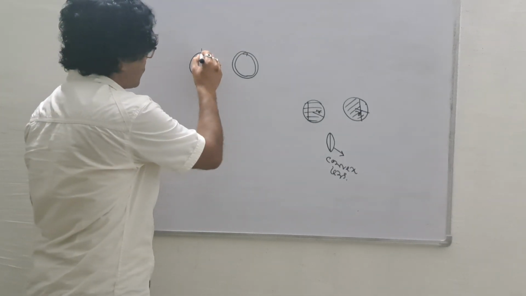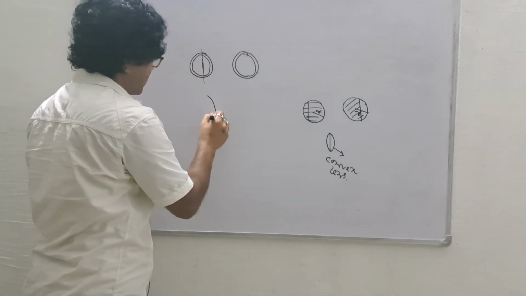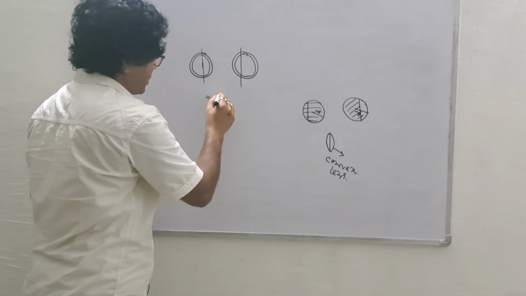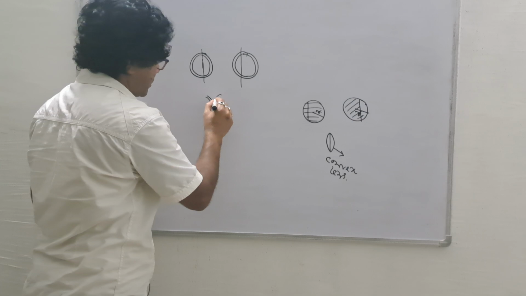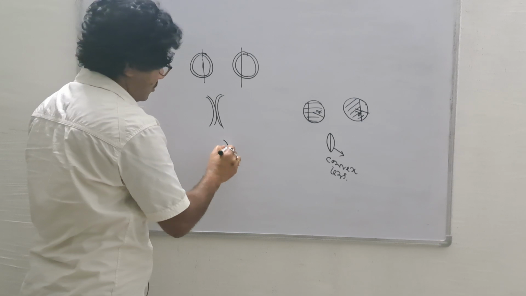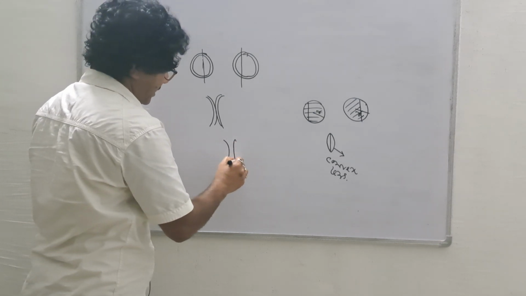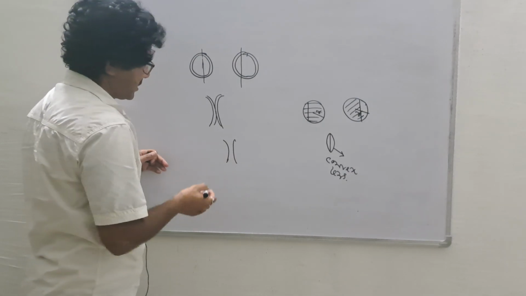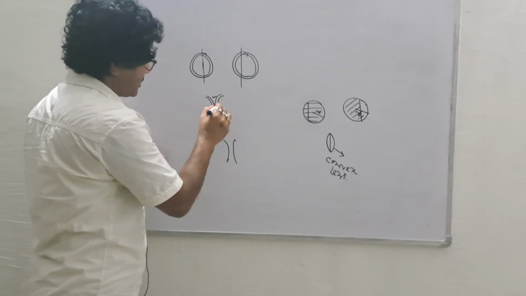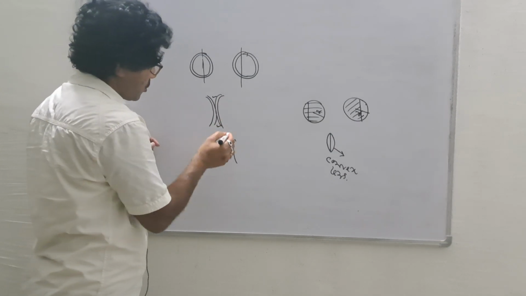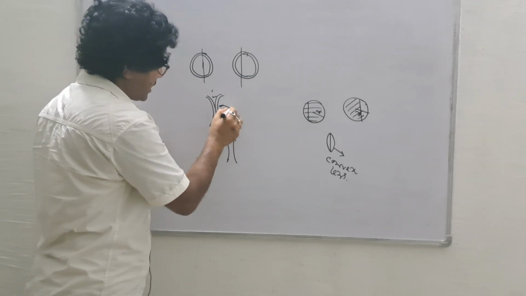So one part from this I am taking, and one part from this I am taking, and these two parts are joined. Now we get a lens. You see, this and this are hollow.